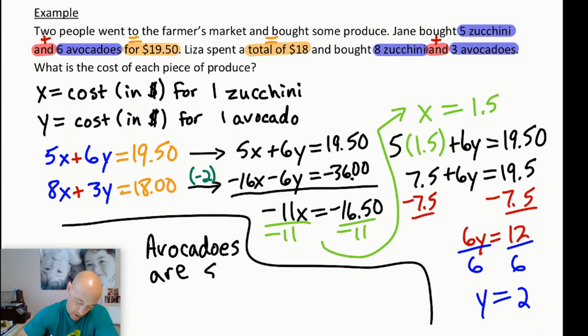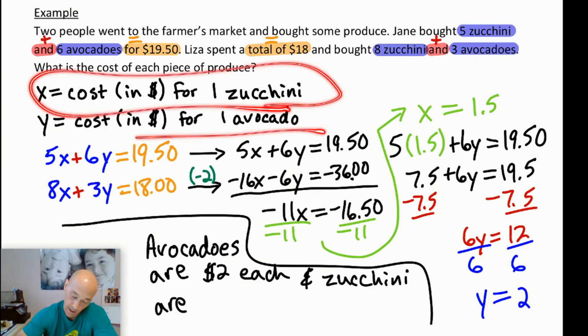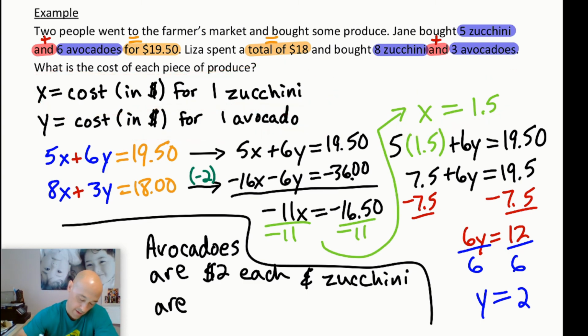So avocados are $2 each, and zucchini are the x, zucchini are 1.5, $1.50 each.